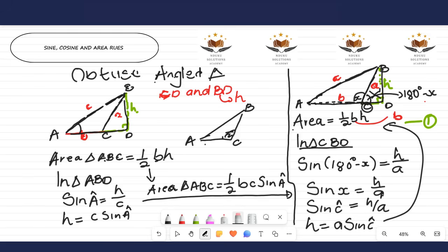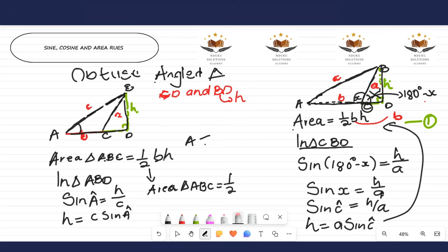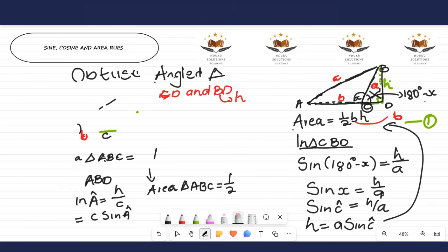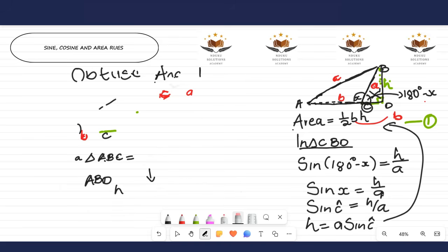Let me just erase this side. So we're done with this, so we can get some space.